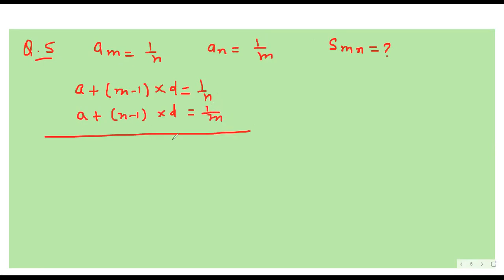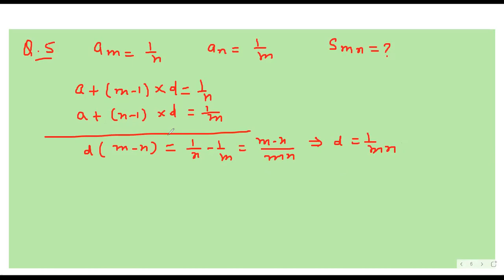Now we subtract these two. So we get d times m minus n equal to 1 upon n minus 1 upon m, that is m minus n divided by mn.